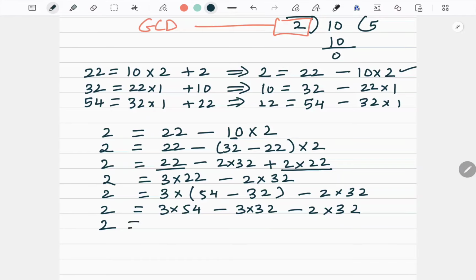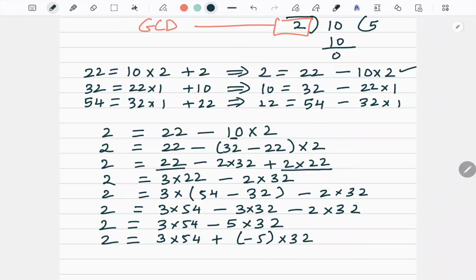So now 2 is equal to 3 into 54. How many 32 are there? 5. So minus 5, 32. So 2 is equal to 3 into 54 plus minus 5 into 32.